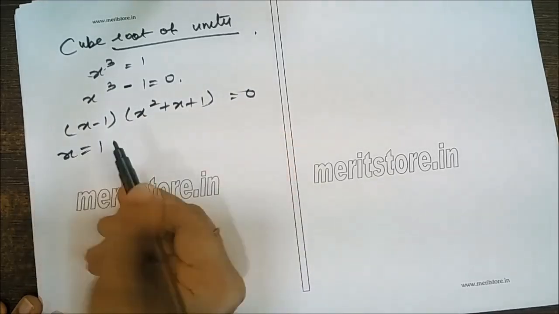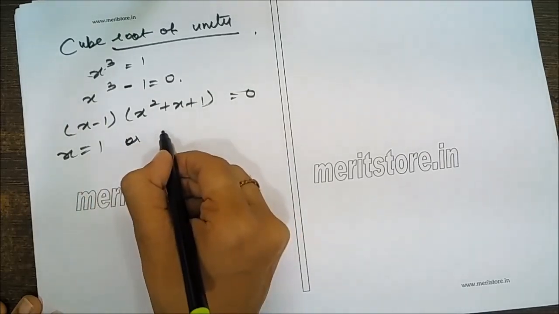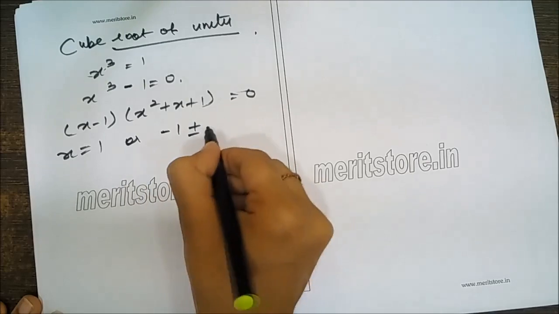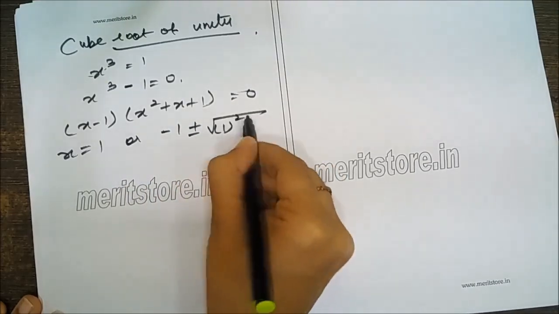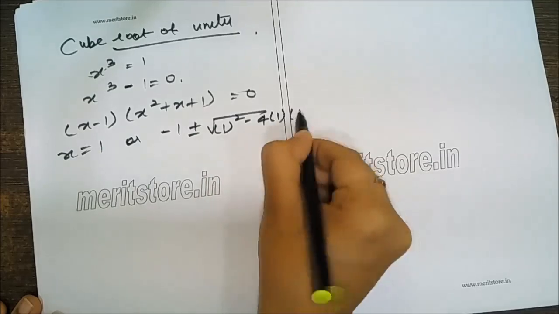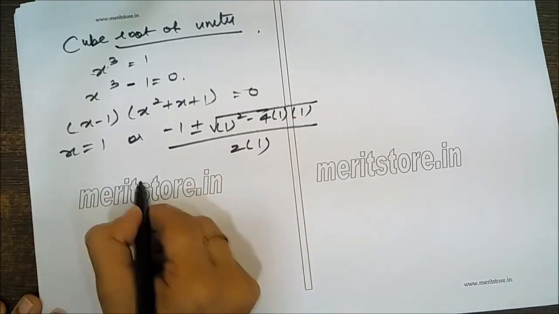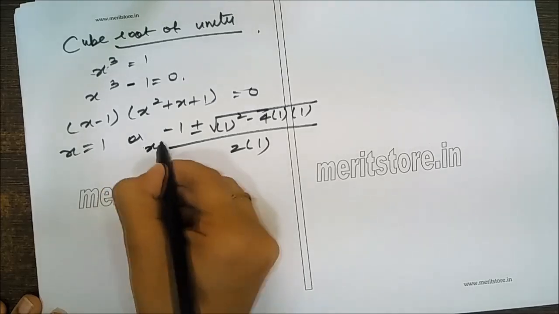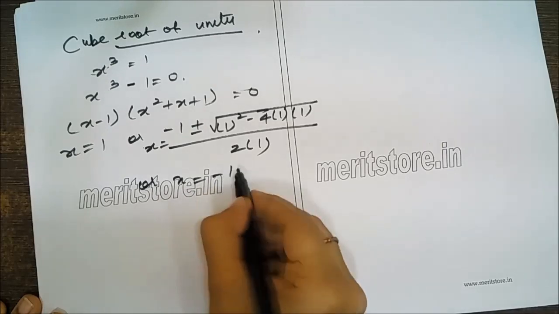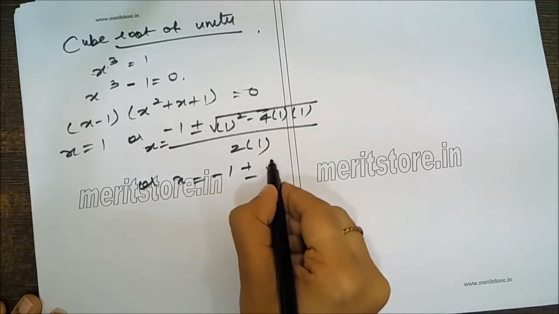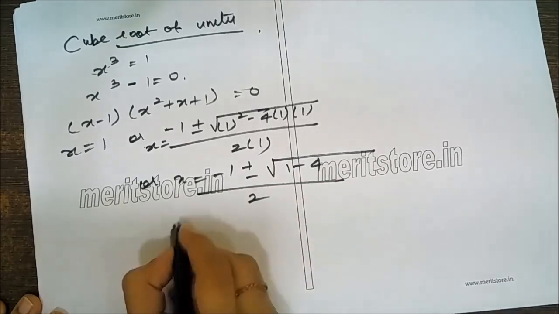So I will say x is 1 or x is equal to minus 1 plus or minus root of b square minus 4ac upon 2a, which is minus 1 plus or minus root of 1 minus 4 upon 2.